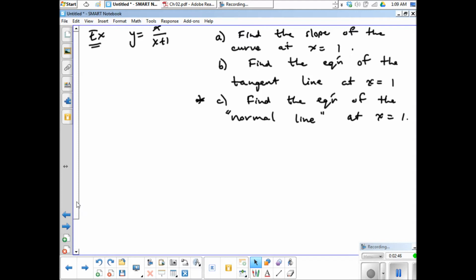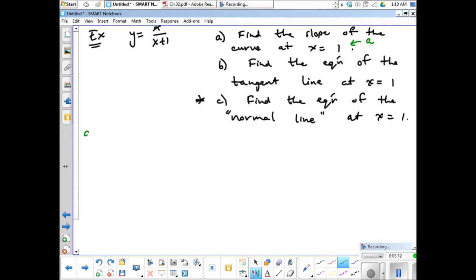And we're going to find the equation of the normal line at x equals 1. Okay, so this is a fairly involved problem. But we do have a formula to take care of that first one there. Okay, so when they say x is 1, our point of interest, that is your a. Okay? Alright, so let's get started.